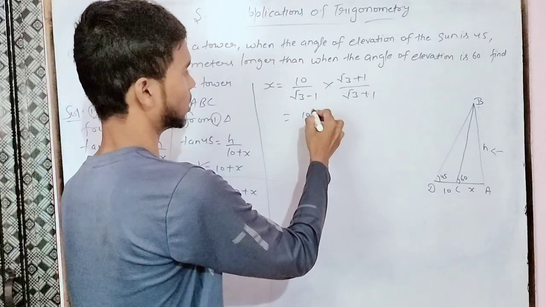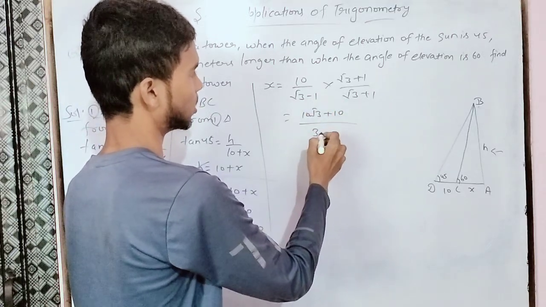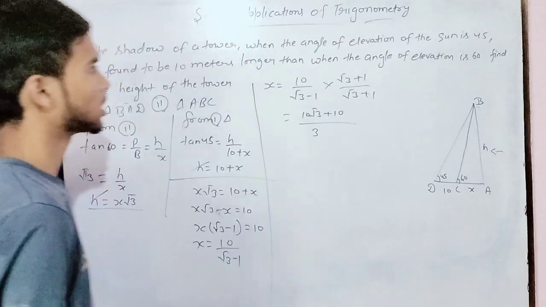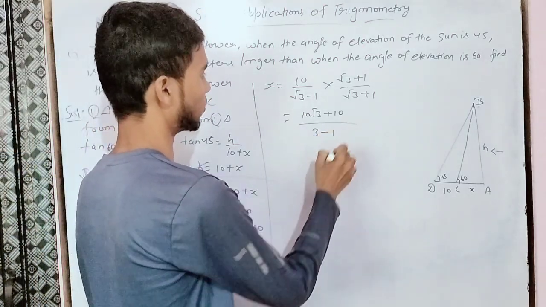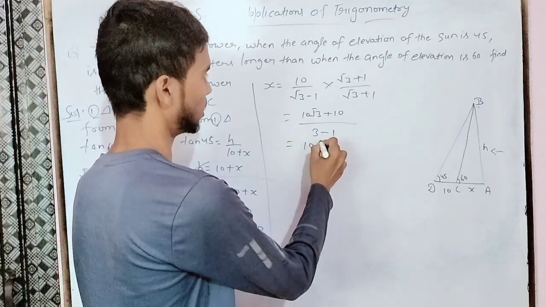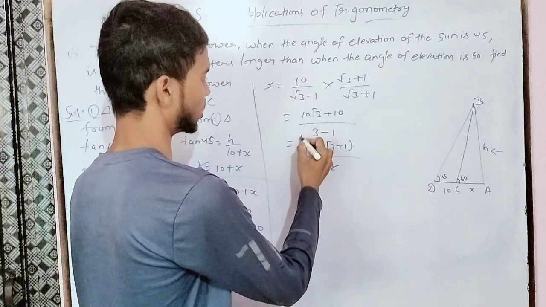So 10 root 3 plus 10 in the numerator. The denominator will be 3 minus 1, which is 2. Two 5s are 10.